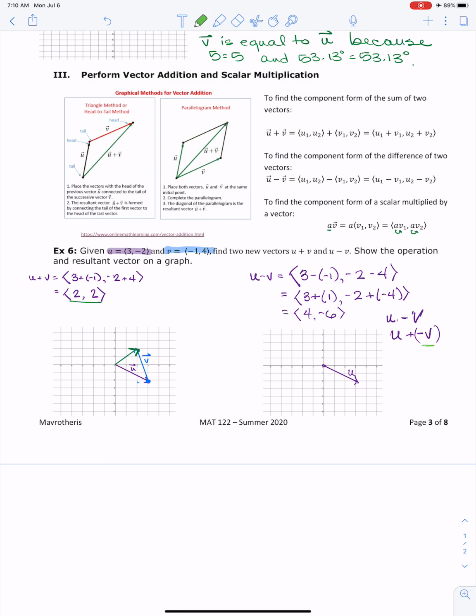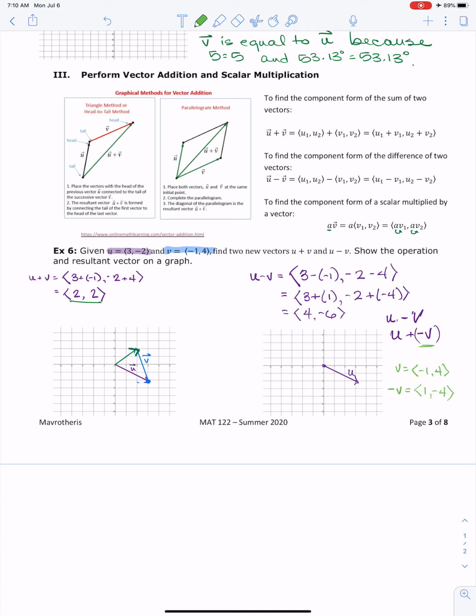My -v, instead of being -1, 4, so v is -1, 4. Think about how I used it in this subtraction. -v was a +1, -4. And so that's what I'm adding to this tail.